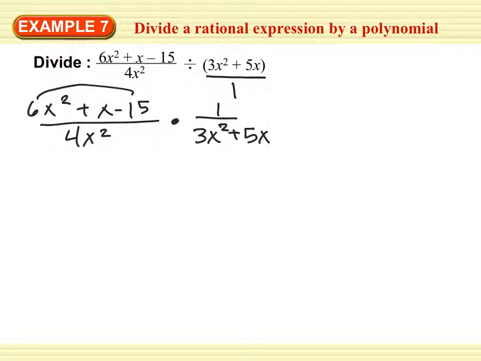6 times 15 is 90. So I need two things that multiply to get negative 90 and add to get 1. Ugh. How about 9 times 10? Maybe it's not as hard as I thought. Negative 9 times 10, if I add those together, I get 1. Sweet. Okay, I'm going to factor by grouping now.